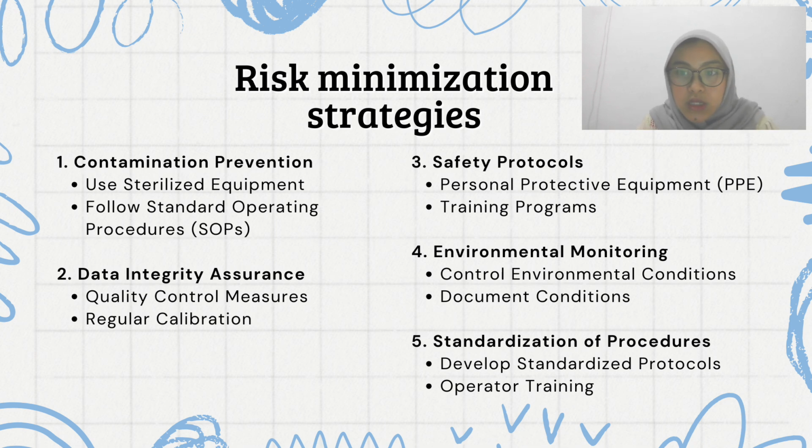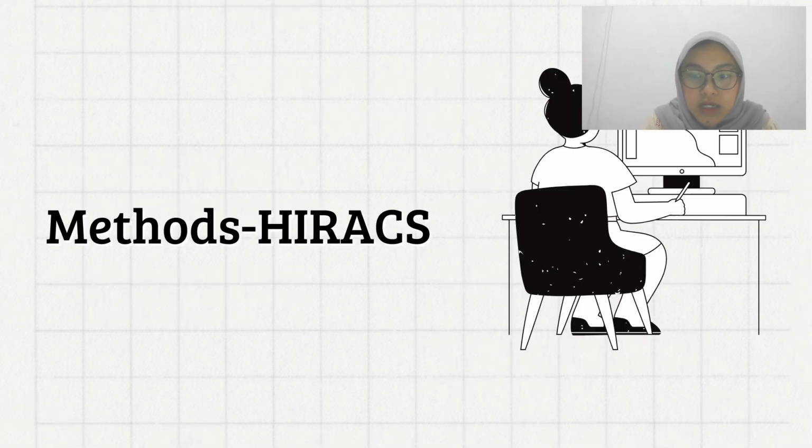Safety protocols: personal protective equipment, or PPE, and training programs. 4. Environmental monitoring: control environmental conditions, and document conditions. 5. Standardization of procedures: develop standardization protocols, and operator training. And next, method HIRADC.